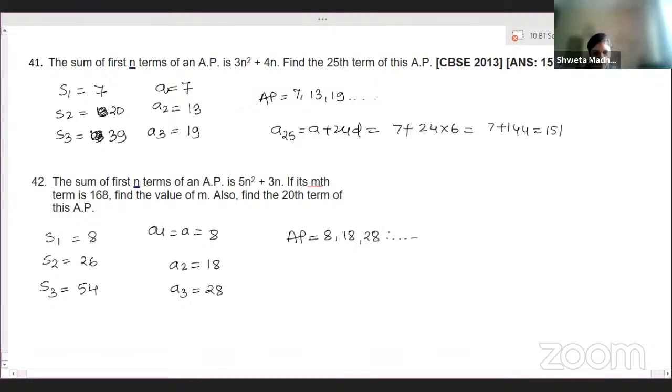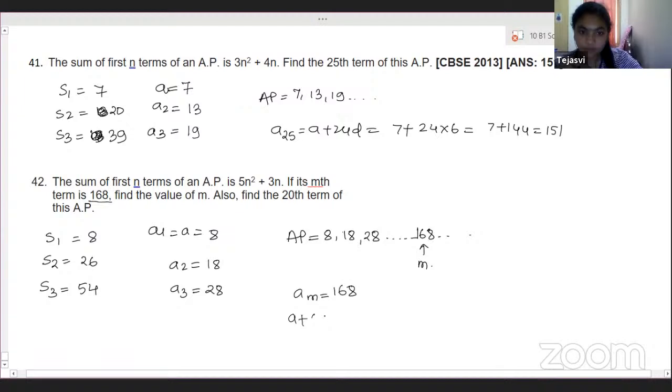Now, in this AP, one of the terms is 168. So find the mth term. That means m is the position of 168. Somewhere 168 is present, so we have to calculate its position m. So am is equal to 168.